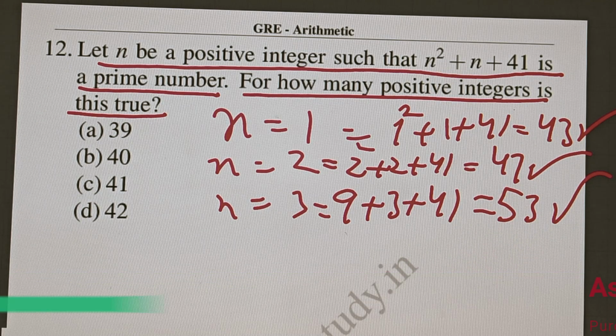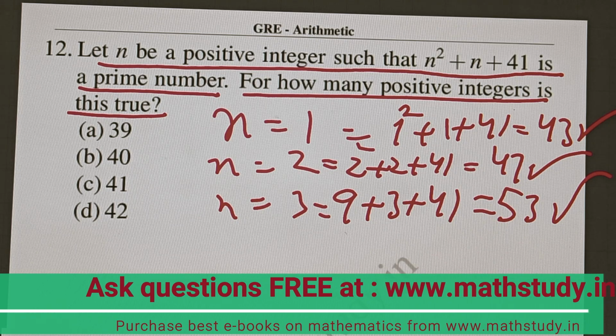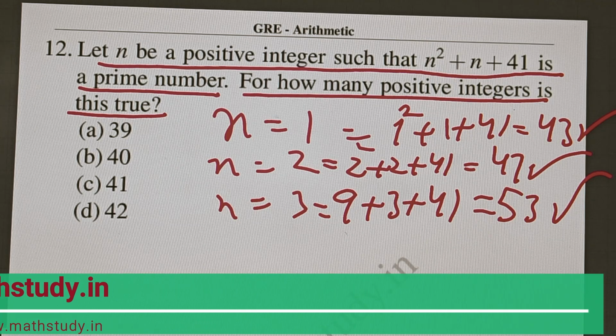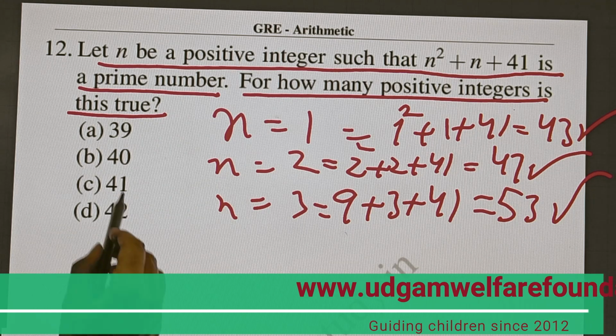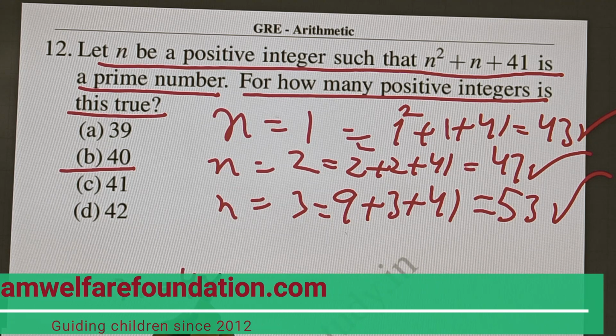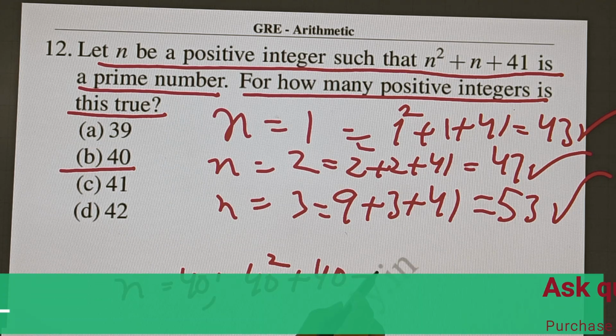Now as per our options, let us check which option will give us the answer here. In such questions you have to put the values of n here. So let us put n is equal to 40. So what will we get here? 40 square plus 40 plus 41.